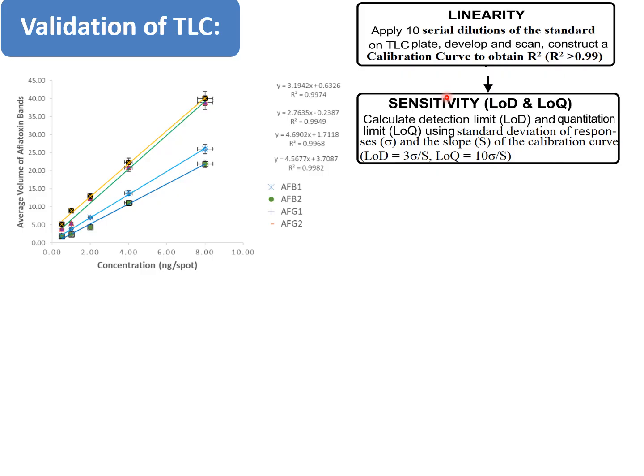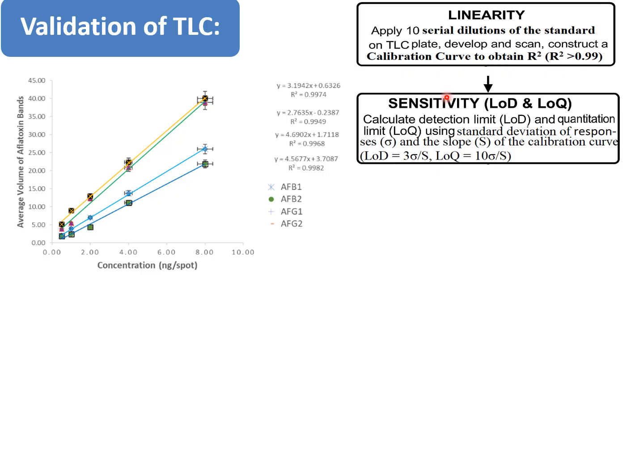Sensitivity of an analytical method refers to its ability to detect and measure small amounts or low concentrations of an analyte in a sample. In other words, it reflects how well the method can distinguish between small differences in an analyte.